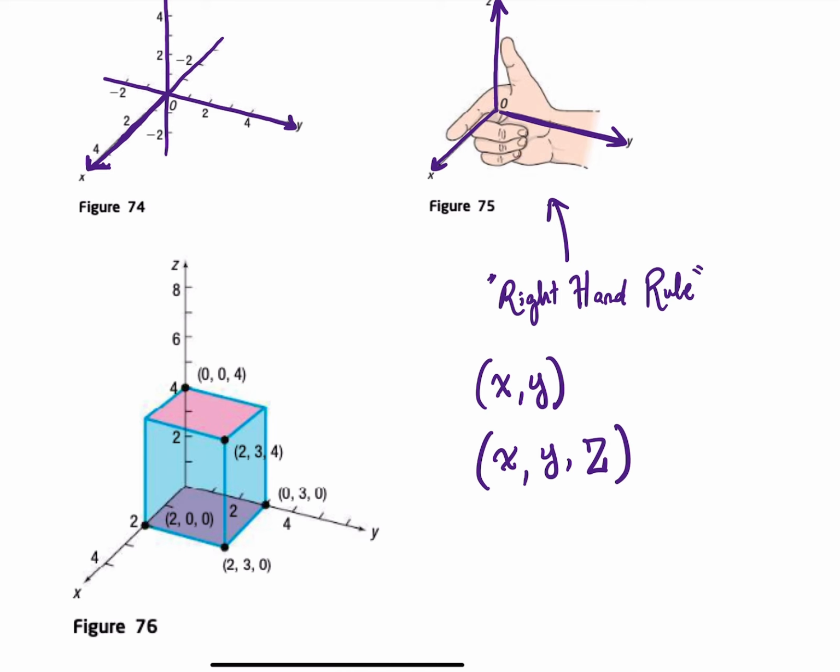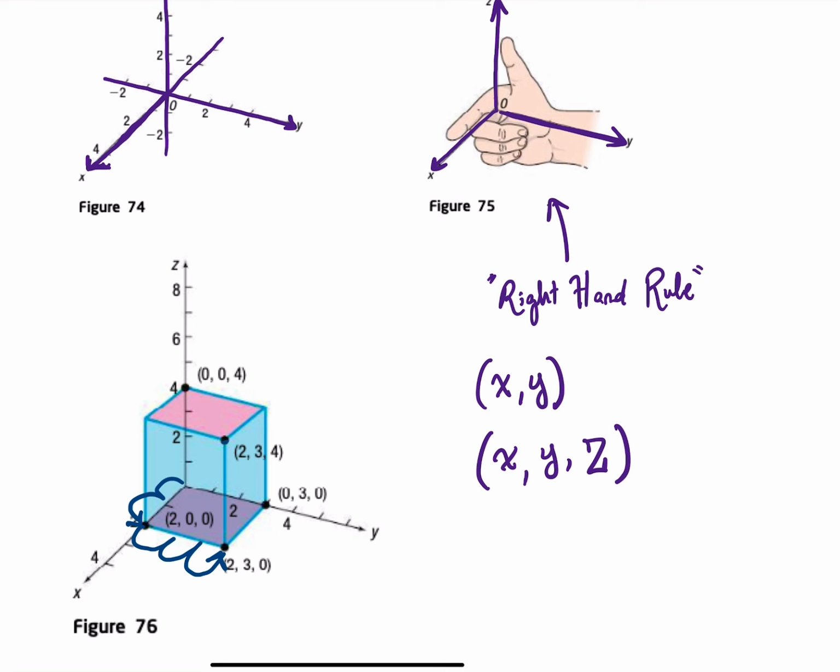We form this three-dimensional box. So for example, this point here, 2, 3, 0, you would go a distance of 2 in the positive x direction, then a distance of 3 in the positive y direction, and no distance in the z direction.